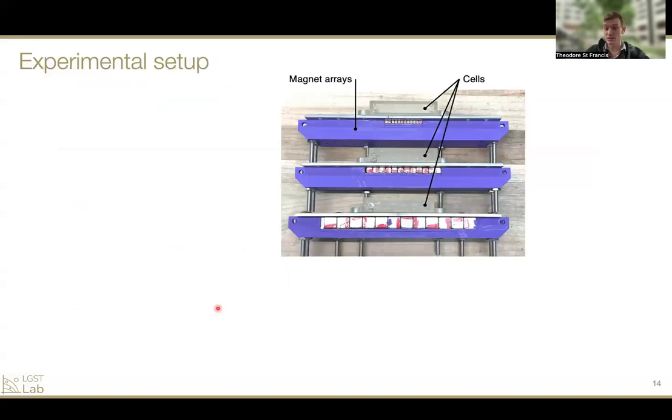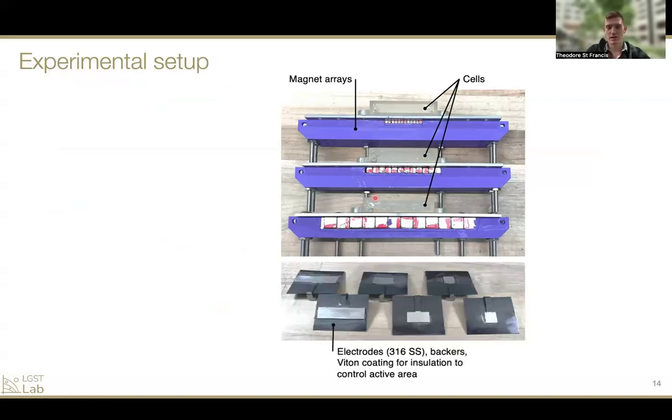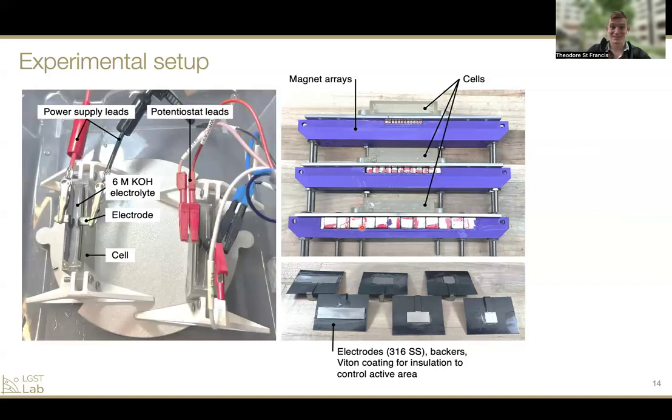So here's what the magnetic arrays look like. You'll notice the cells here, 3D printed resin to contain the electrodes on their backers. And the magnet arrays are situated just behind the electrode cells. Here's what the setup looks like.